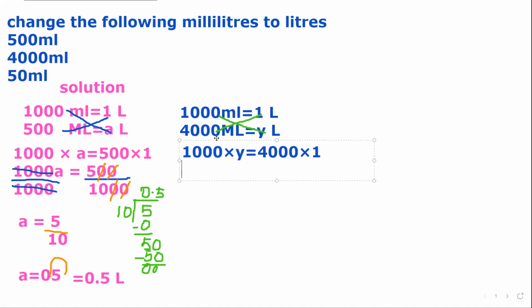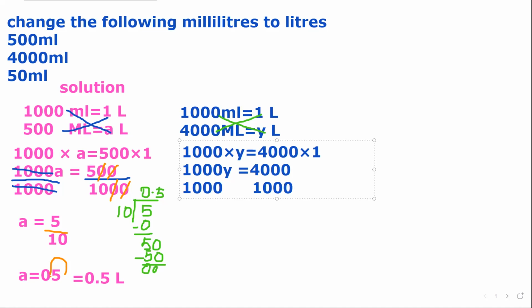When we're done, the 1,000 times y is 1,000y, which must be equal to 4,000. Because you want to find the y, you divide both sides by the number attached to the y, and that is 1,000. So you divide both sides here by 1,000, and here too by 1,000.